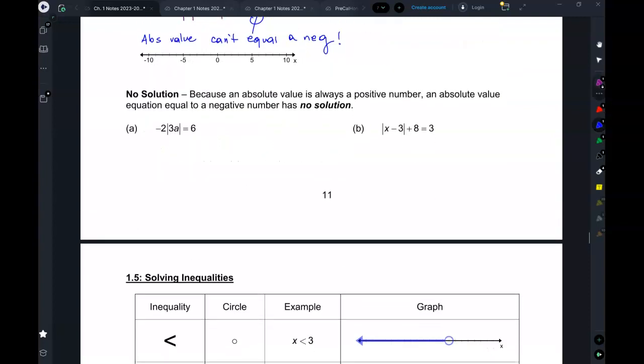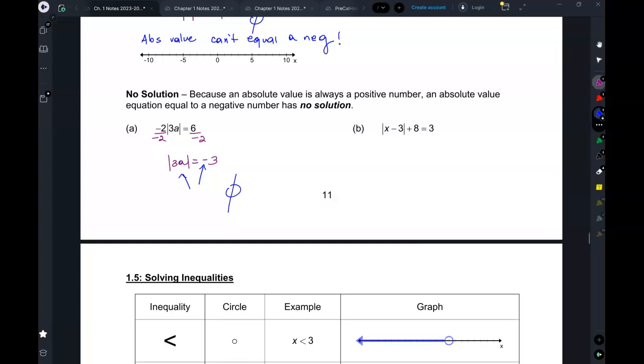So these, it starts off with good intentions, but I need to isolate the absolute value. Divide by negative 2, divide by negative 2. Absolute value of 3a is negative 3. Okay, you cannot have absolute value equal to a negative number. So that's no solution.